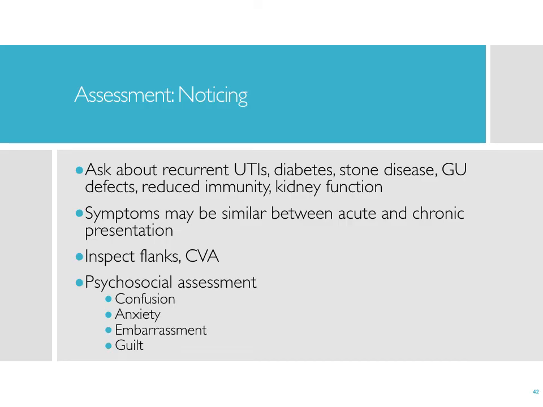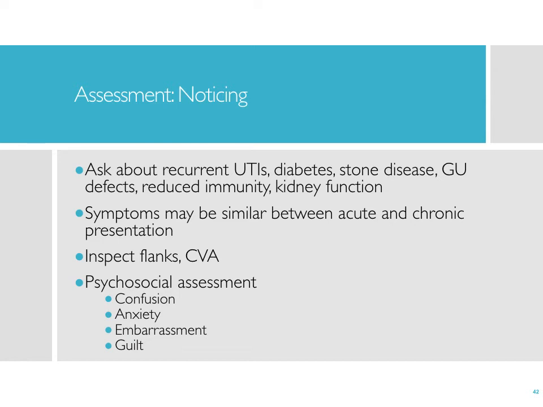So when we're assessing, we're going to ask our patients if they have recurrent UTIs, if they're diabetic, if they've had kidney stones, because stones are often there because of infections.